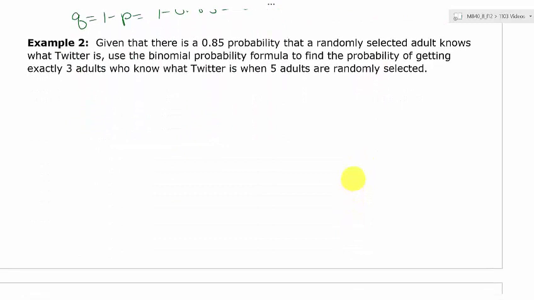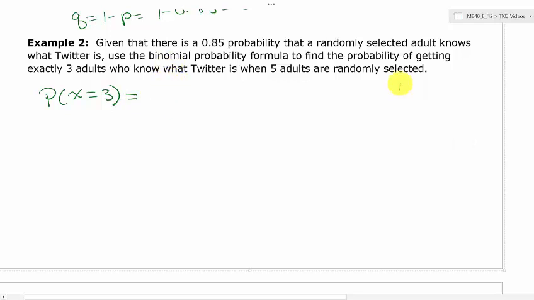In the next example, given that there is a 0.85 probability that a randomly selected adult knows what Twitter is, use the binomial probability formula to find the probability of getting exactly 3 adults who know what Twitter is when 5 adults are randomly selected. So we want to calculate the probability that x is equal to 3. Using our formula, I'm just going to write the formula down on the side.